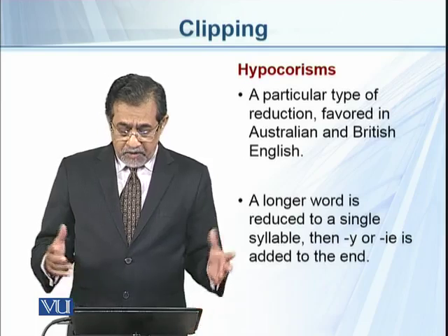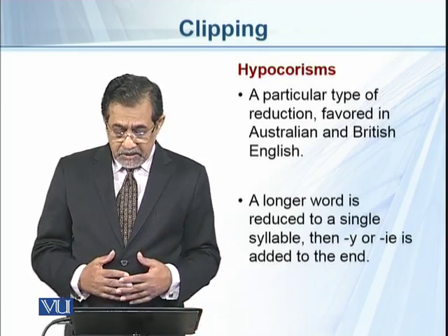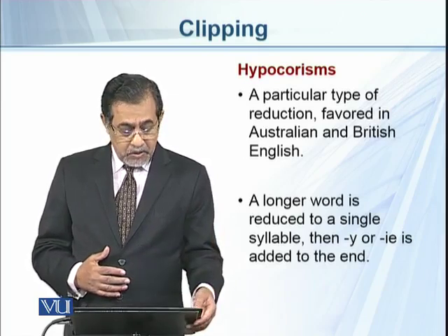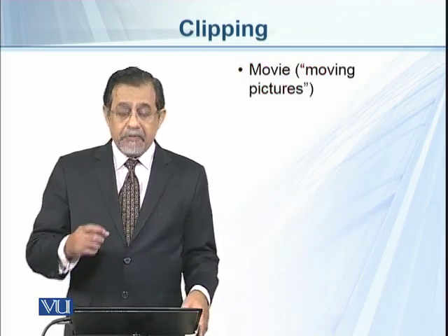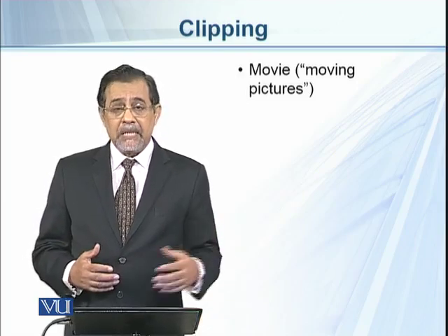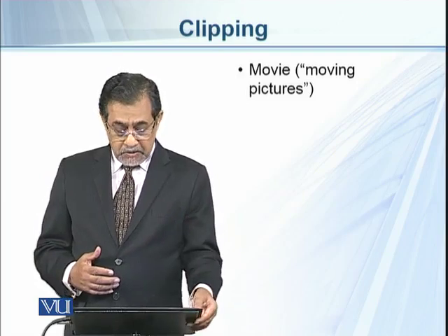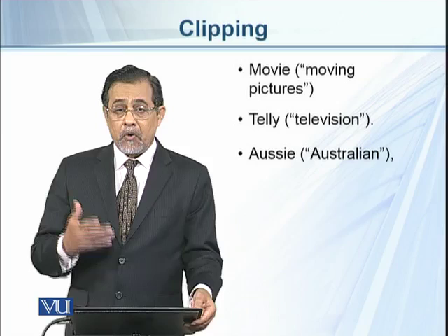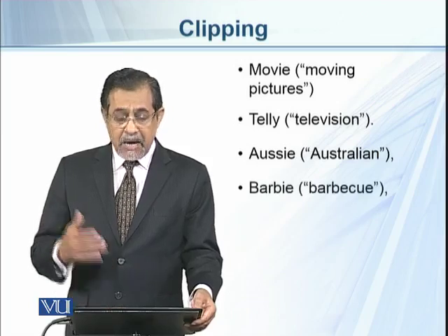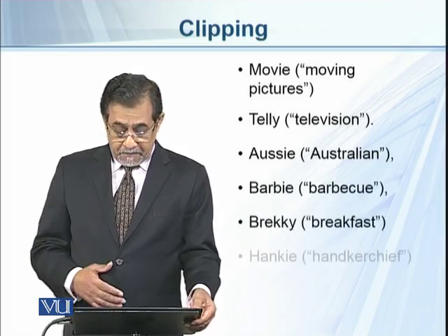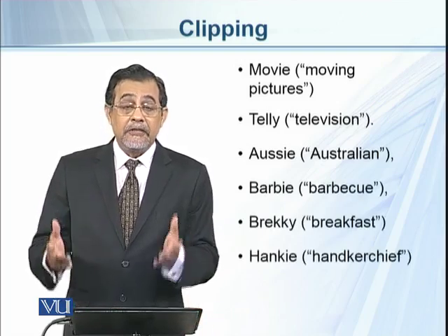For example, a longer word is reduced to a single syllable, then -y or -ie is added to the end. For example, we have movie, a very common word we frequently use, which is basically moving pictures, telly for television, Aussie for Australian, Barbie for barbecue, brekkie for breakfast, hanky for handkerchief.